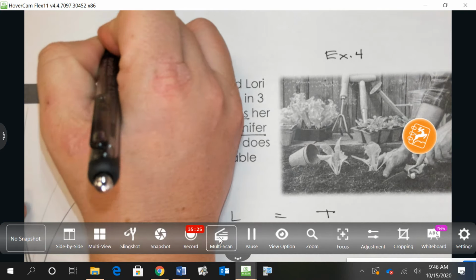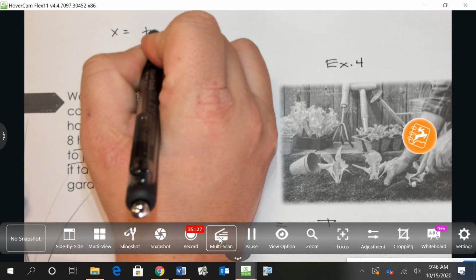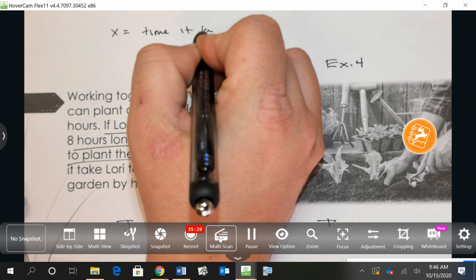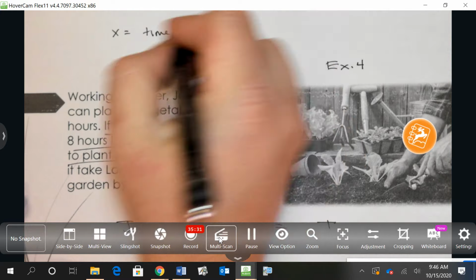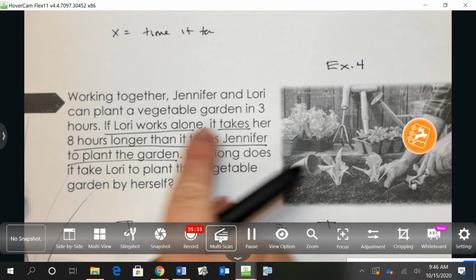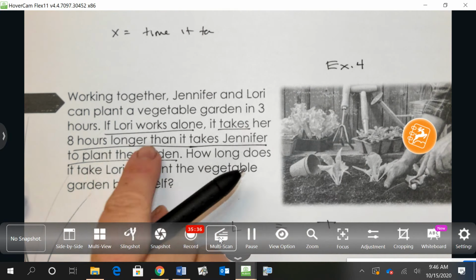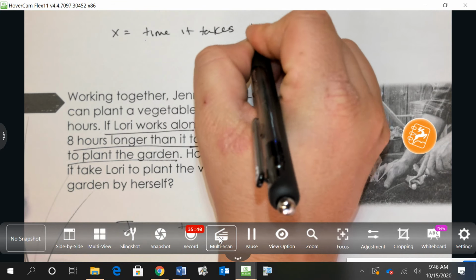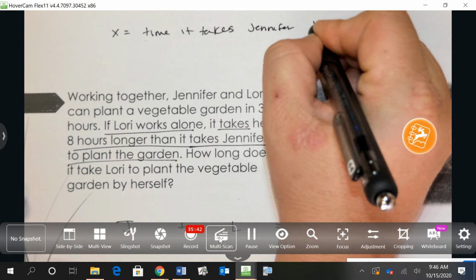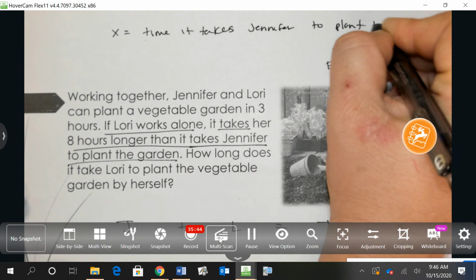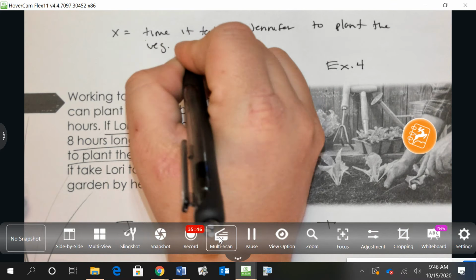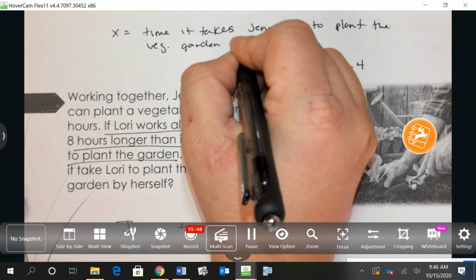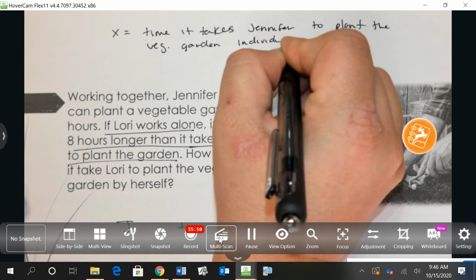So I'm going to have x equal the time it takes, and I choose to do the faster one first. I know Jennifer is faster because it says it takes Lori 8 hours longer. So I'm going to do the faster. Time it takes Jennifer to plant the vegetable garden individually, which means by herself.